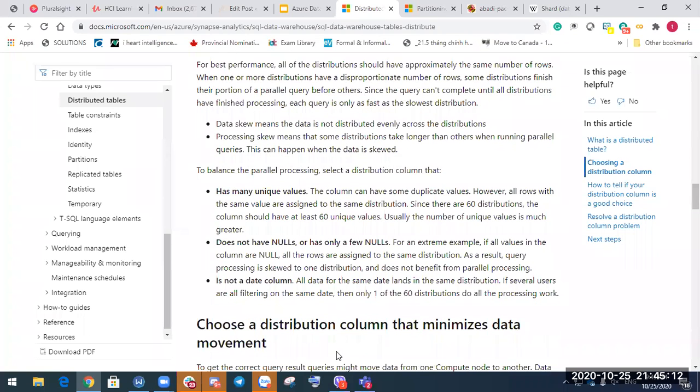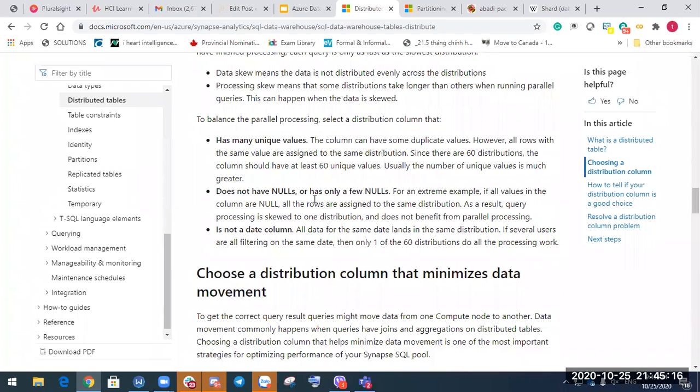Okay, so in order to avoid that, you need to select a distribute column that has this area. And this is one of the areas I mentioned. Remember, in partitioning, you want to partition data grouped by a date column.